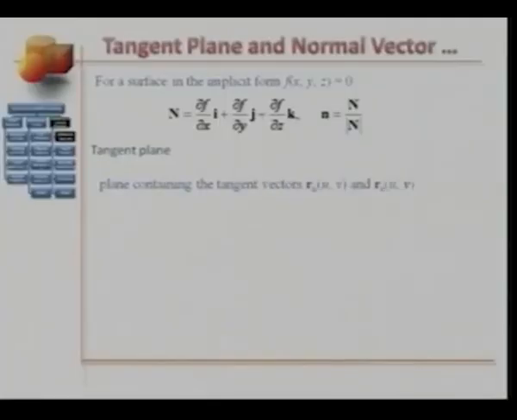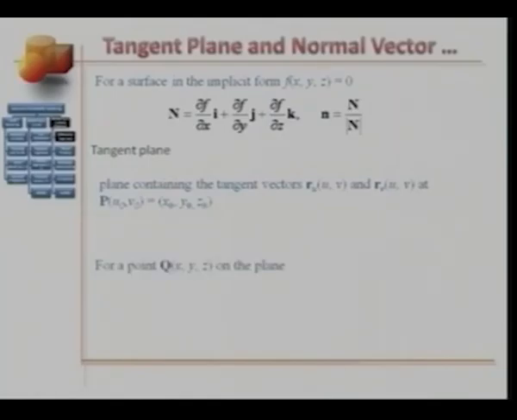The tangent plane is a plane containing the tangent vectors r sub u, a function of u and v, and r sub v, which is also a function of u and v, at some point p for parameter values u sub 0 and v sub 0. In Cartesian coordinates, this point is expressed as x0, y0, and z0.